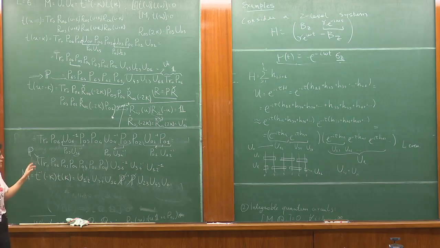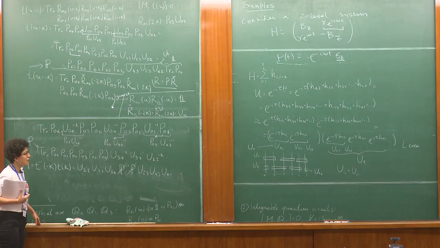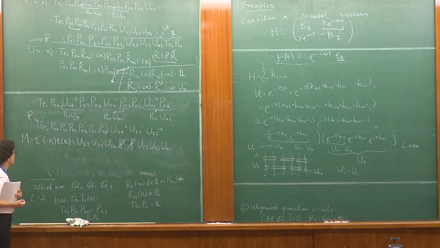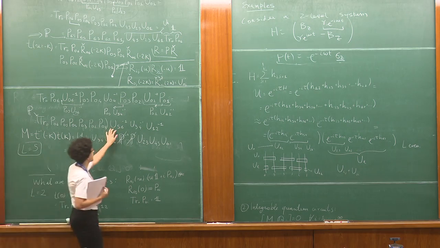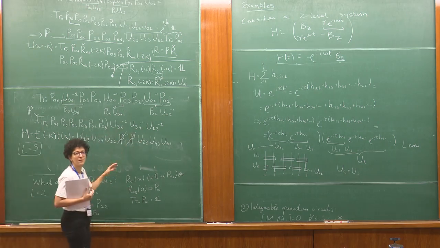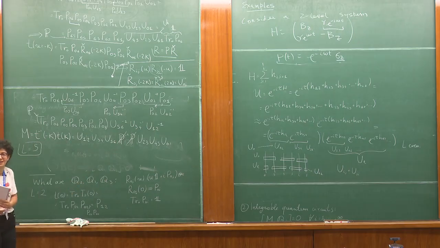You can try to play with this to check what you will get. Also, I suggest you try to see what happens for L equal to 5, for example. That is odd, because in this case we were using even length, so the number of U's that we get in both rows is the same. But if it's different, maybe something else will come out.